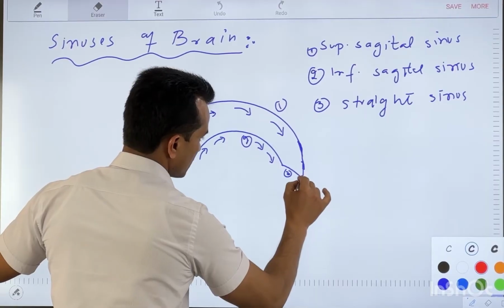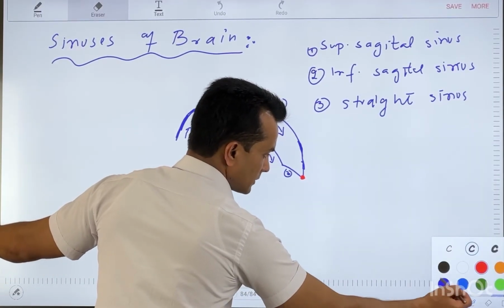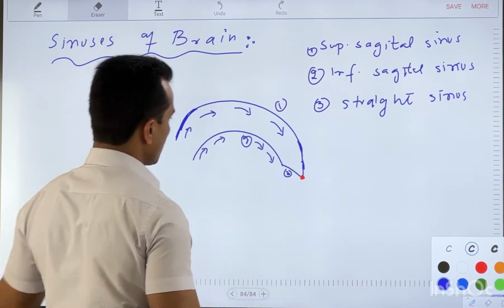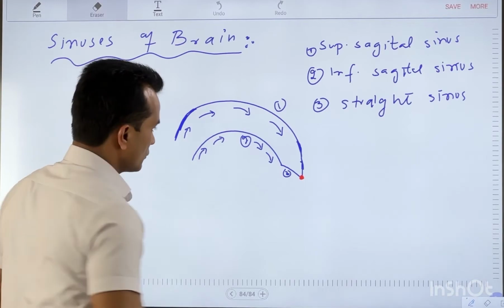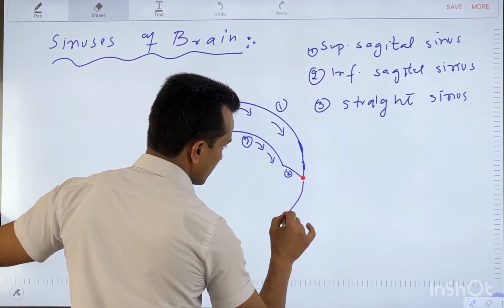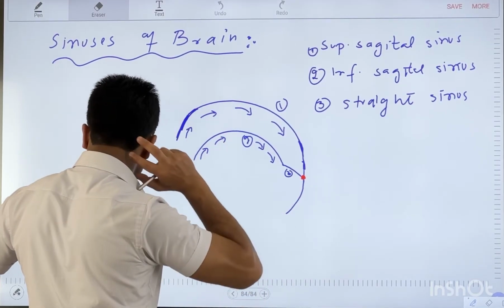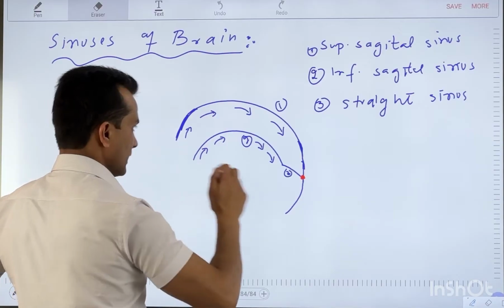And this point here is very important, and this is called the confluence of sinuses. The point where all these sinuses meet is called the confluence. And from the lower part, from this posterior part of the brain, number 4 is the occipital sinus.